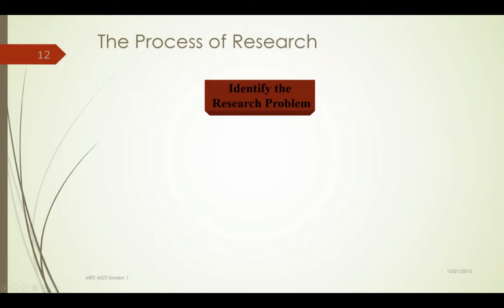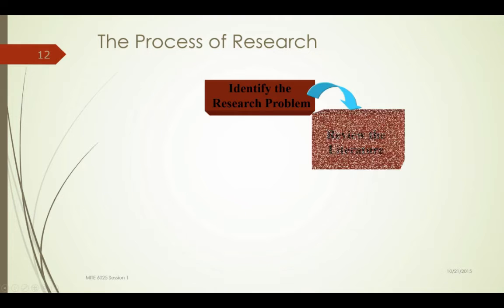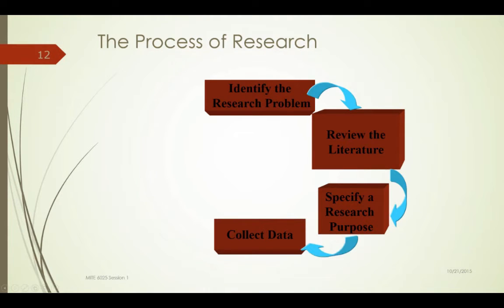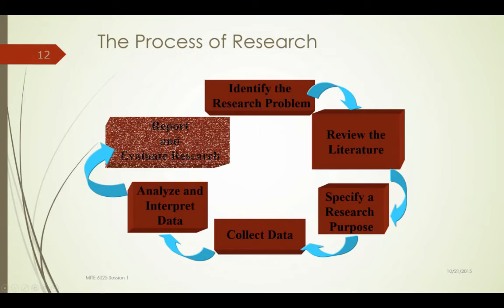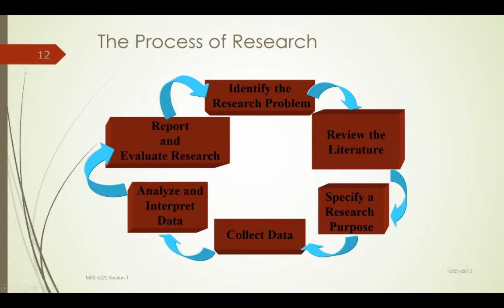Here, I want to briefly introduce the process of doing research. All these steps will be covered in the next semester. There are usually six steps in doing research. As I just introduced, first you have to have a research problem. It's not just an issue.